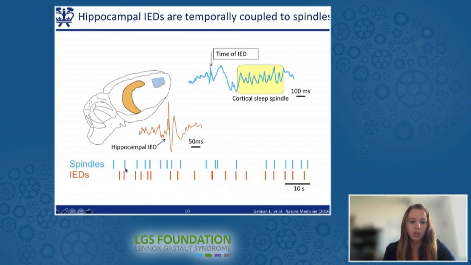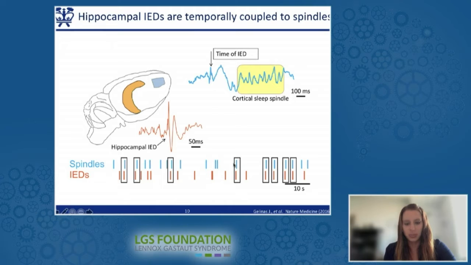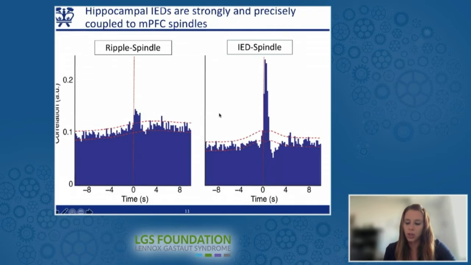And if you plot just an occurrence rate of these two oscillations, you can see that they happen very frequently concurrently. And so we wanted to quantify this relationship, and we did that using a cross-correlation measure. And I'll explain this just briefly because it's important for some of the other quantification that we do later on in our human studies.